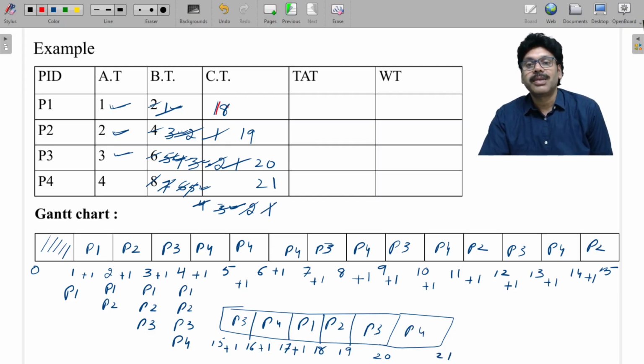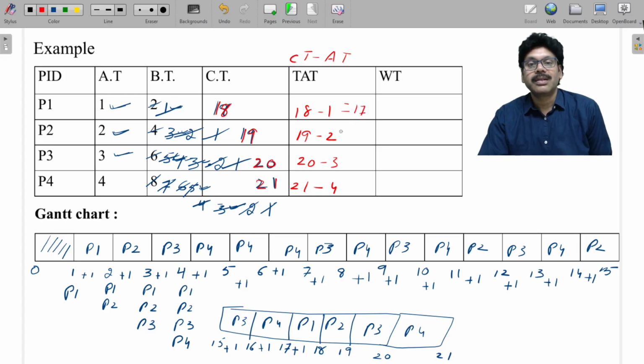So this is completed at 18, this at 19, this at 20, and this at 21. Let us take turnaround time: CT minus arrival time, 18 minus 1, then 19 minus 2, then 20 minus 3, then 21 minus 4.